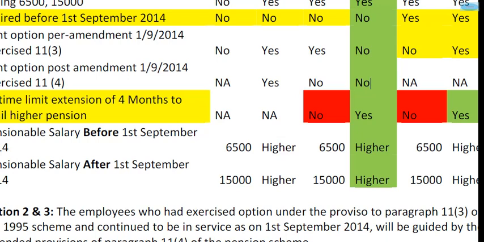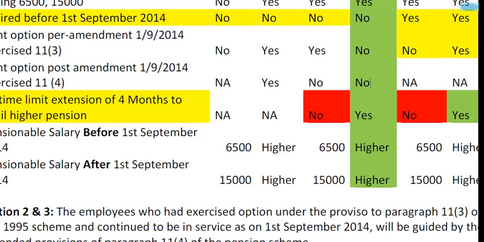The third one is the important one, who is continuing in service, who has exercised before the amendment but not later, meaning he has not opted for a pension, so he is not eligible. The fourth one has not exercised at 11.3 or 11.4 because of the disputes in the various courts and the Supreme Court judgment. The green corridor was given for these people, and yes, they are eligible.